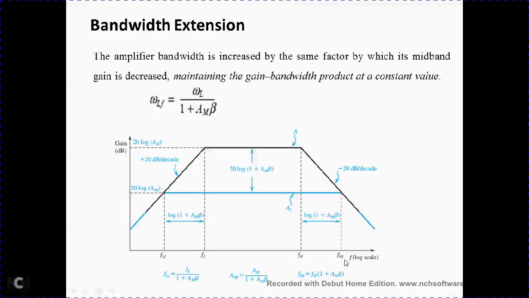It is FHF minus FLF. The bandwidth increases by the same amount by which the gain is reduced, on either side. So that is the advantage of negative feedback. This is what bandwidth extension is all about.